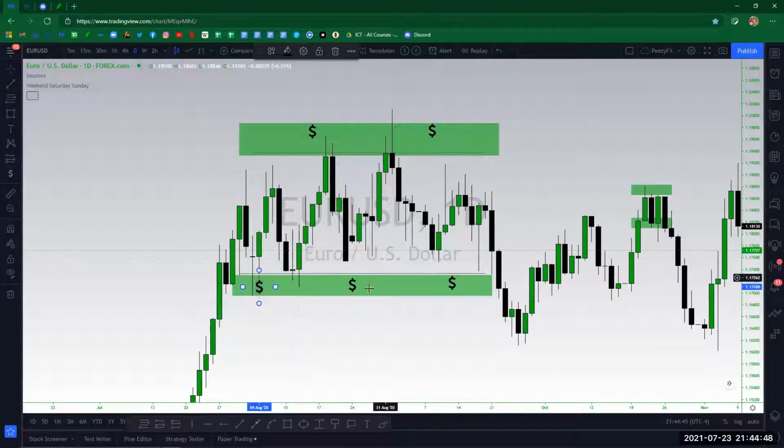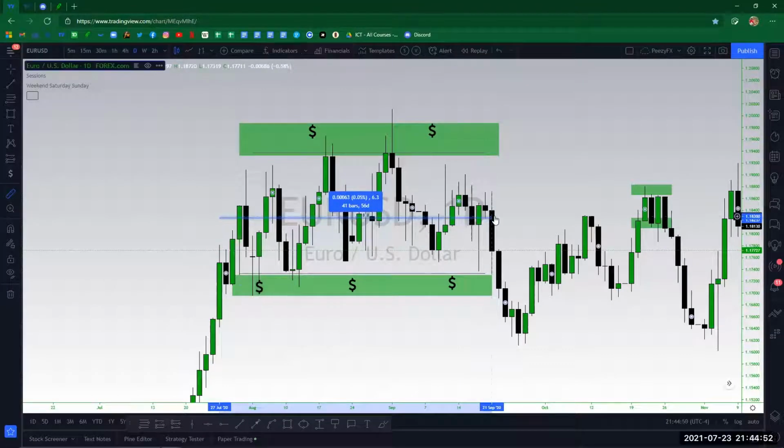The longer, like this consolidation carried on for 56 days. So the longer a support or resistance has been holding for, the more liquidity would be valid in that area, which then leads to an impulsive move created by the interbank traders.